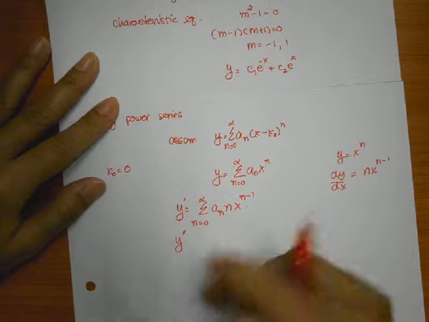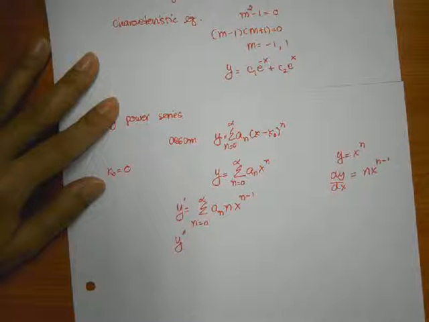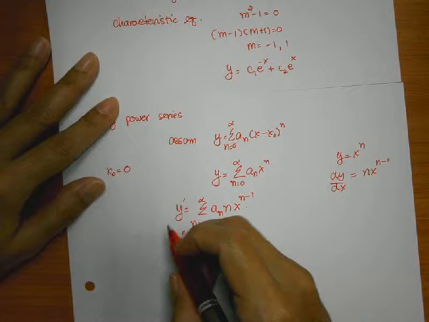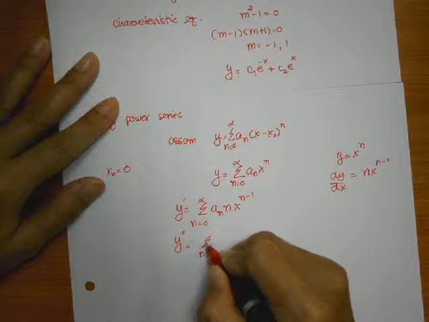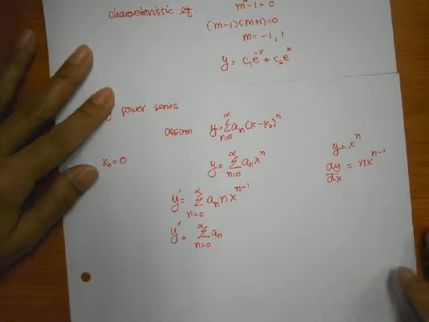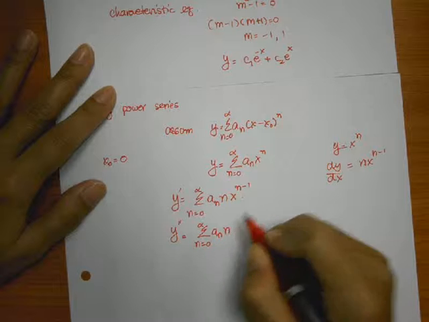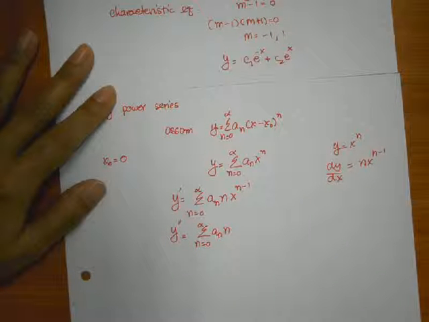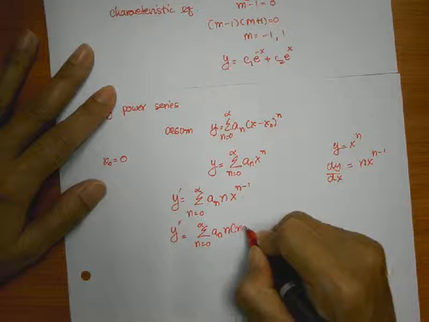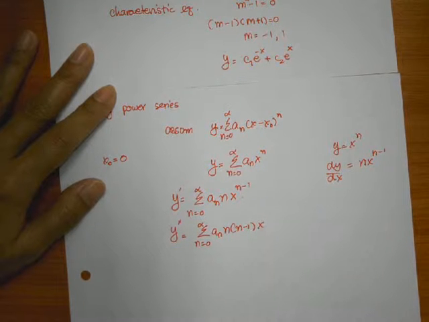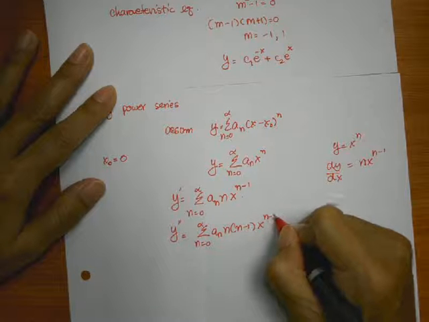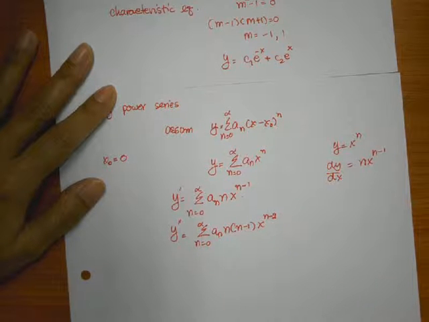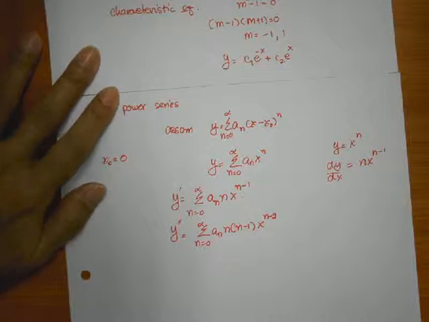because we are going to plug this y into our differential equation. So in that case, in our differential equation, we have the second derivative of y with respect to x. So you got to differentiate one more time. What you get if you differentiate this? n minus 1 x to the power n minus 2. And then we just plug it into our differential equation.